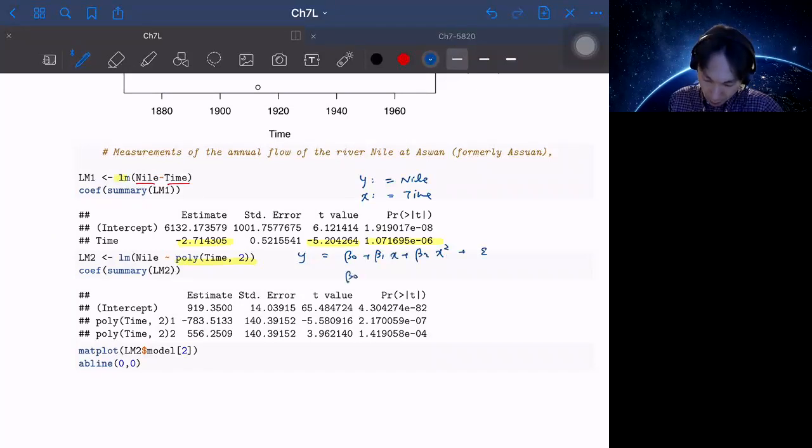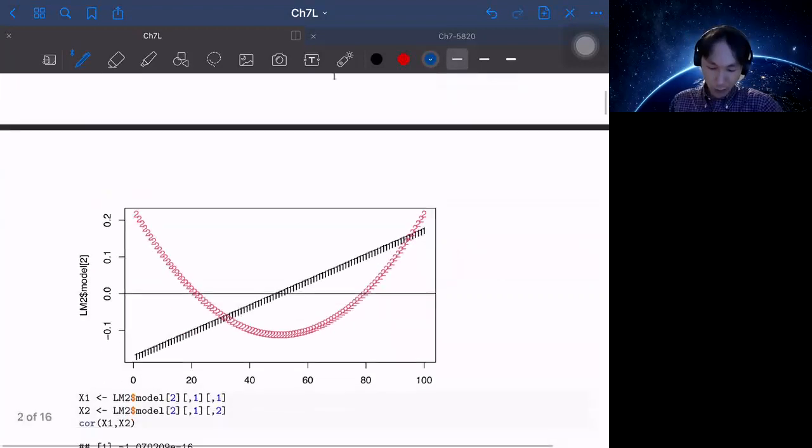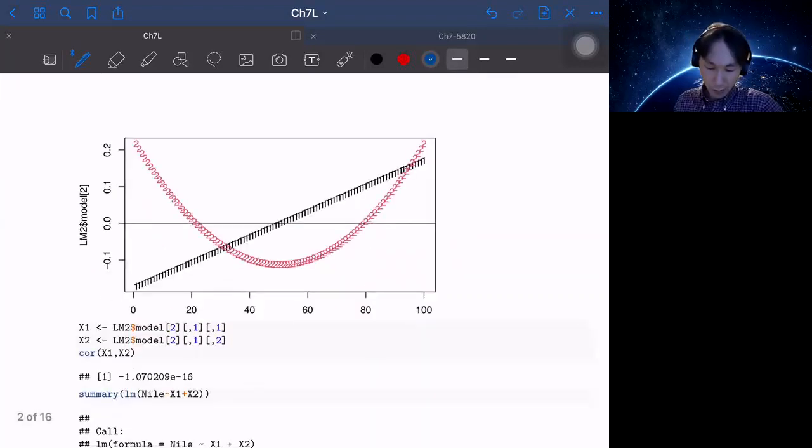So y is beta naught plus beta 1 times S1 of x plus beta 2 times S2 of x. S1 is the straight line and S2 is a quadratic function, and S1 and S2 are orthogonal.